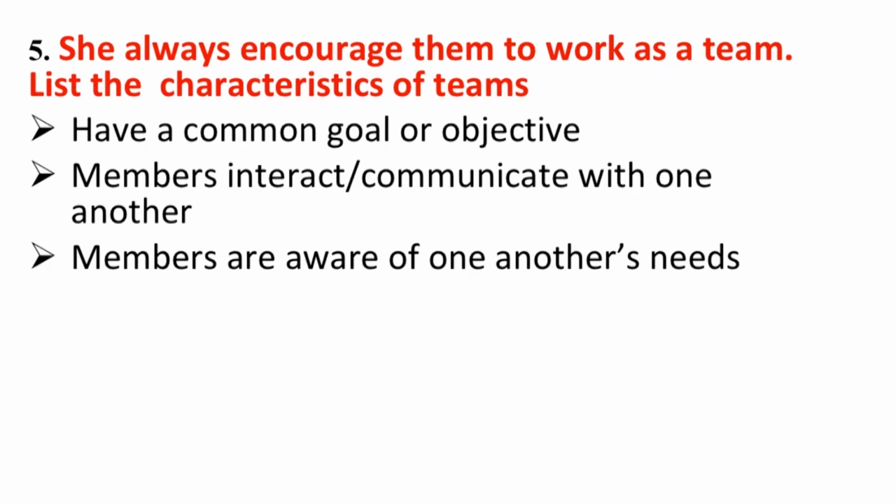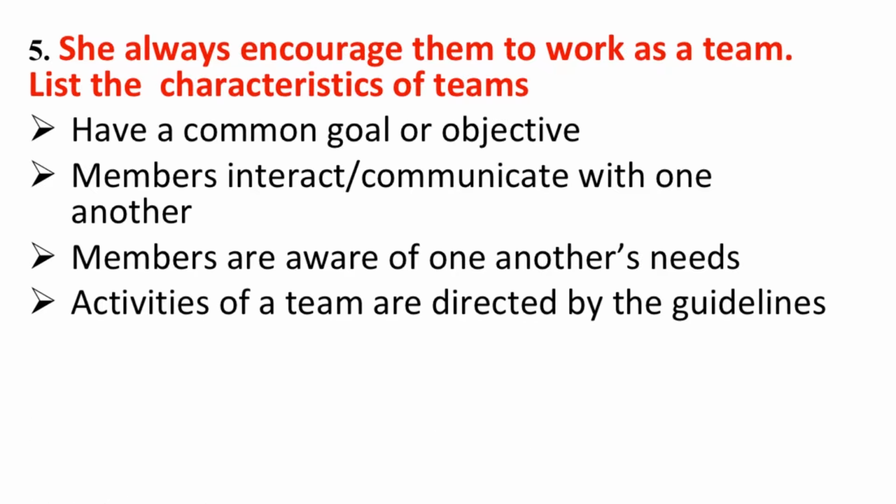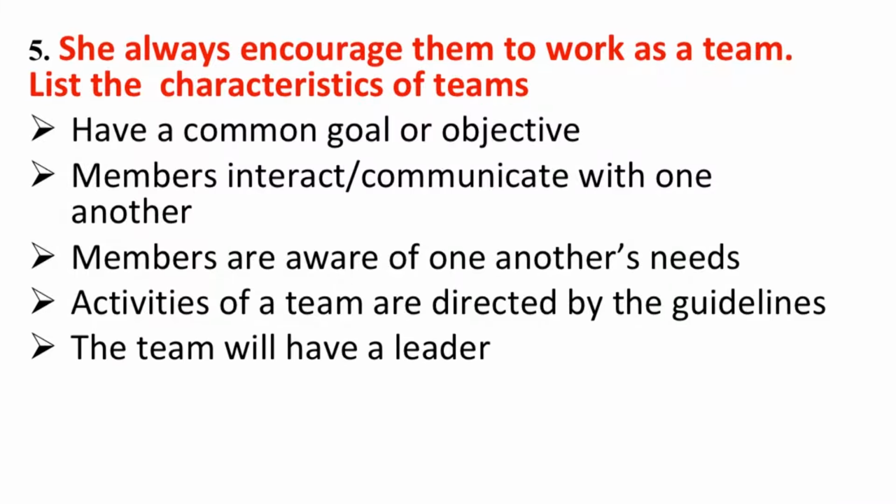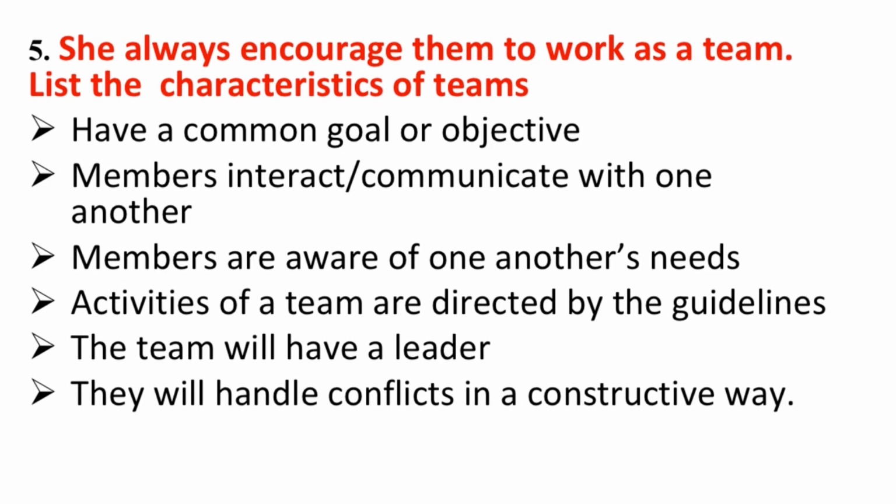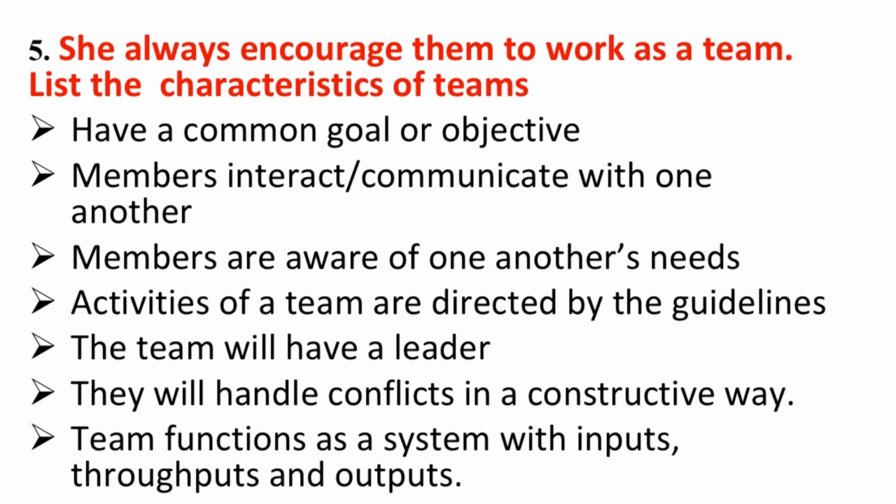The third one, members are aware of one another's needs within an organization. Activities of a team are directed by guidelines. The team will have a leader. They will handle conflicts in a constructive way, and the team functions as a system with input, throughput, and output.